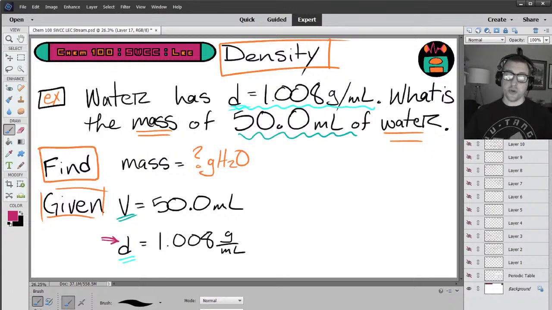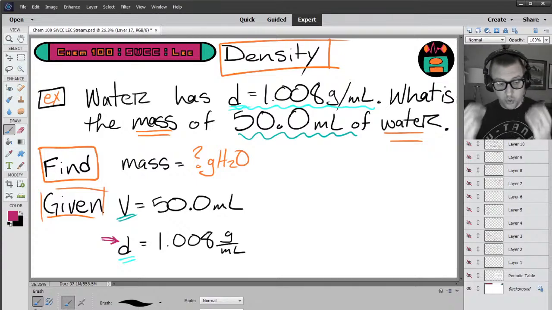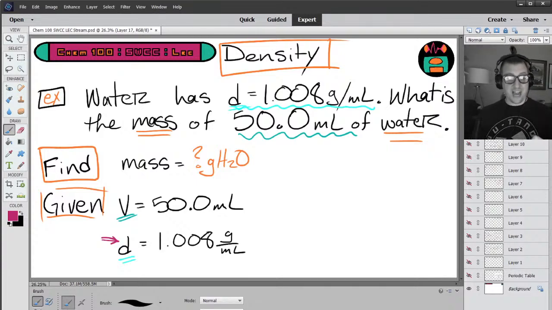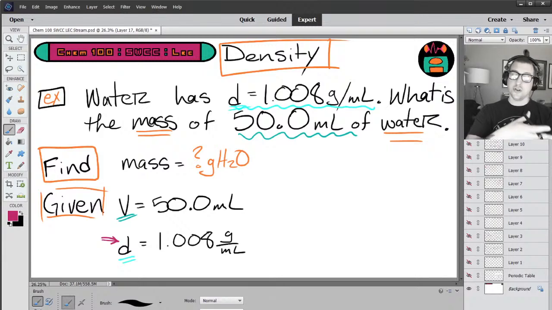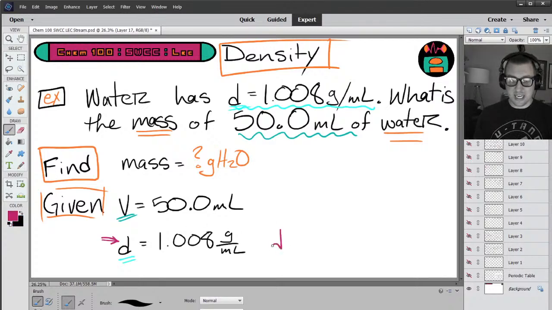Anytime you're given a value for a quantity that has an algebraic equation, you should write that algebraic equation out as part of your given information. And density has an equation. Hopefully you've already added it, or after this lecture, you will add it to your equation sheet. There's an equation for density, and that becomes part of our given information. Density is equal to mass over volume.